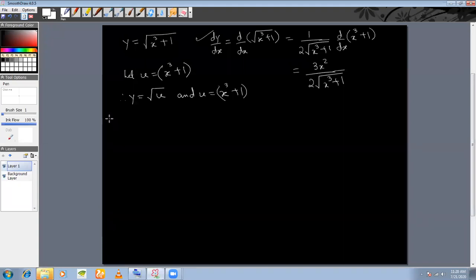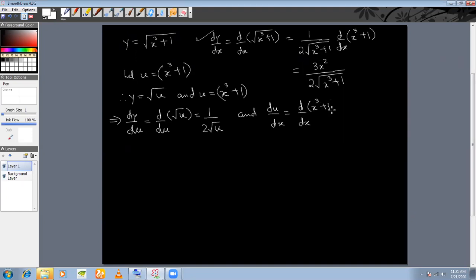Okay, so that means dy/du is equal to d/du of square root u, which is equal to 1 by 2 root u, isn't it? And u is a function of x, so I can find du/dx. So du/dx is d/dx of x cube plus 1, which is 3x square.